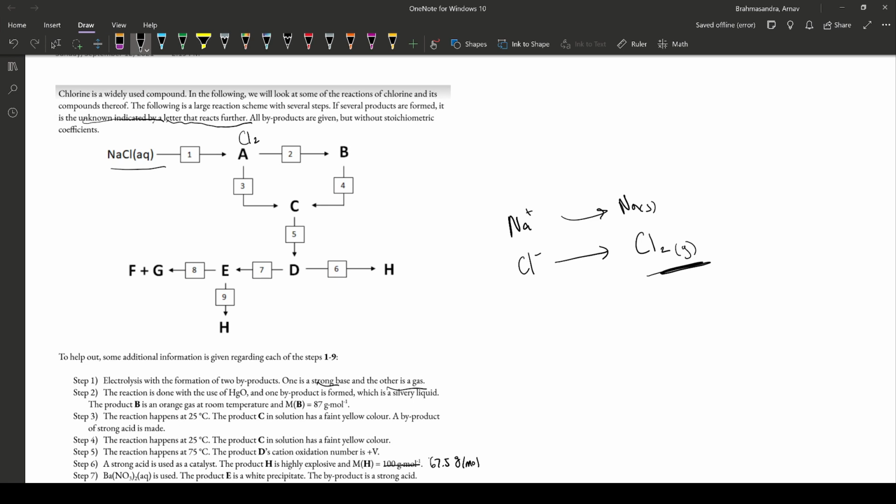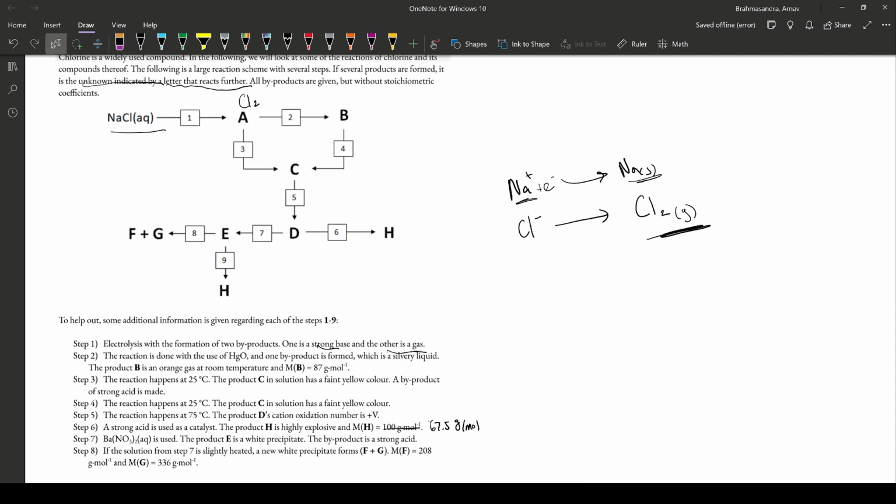But note that if we had the sodium ion reducing to sodium metal, sodium solid, then our net equation would just have sodium solid and chlorine gas as our products.